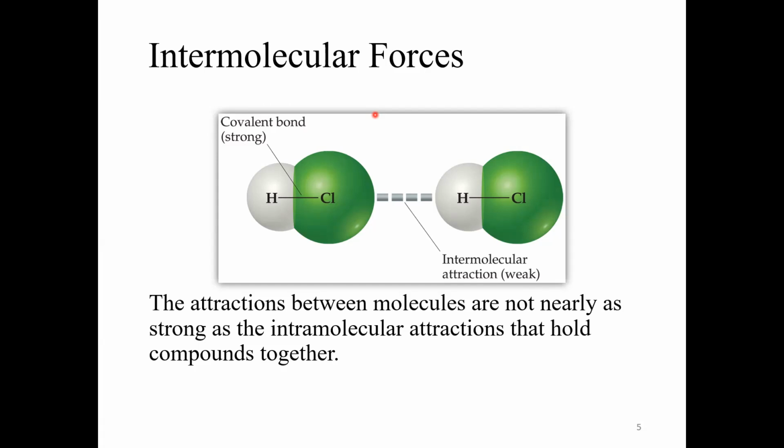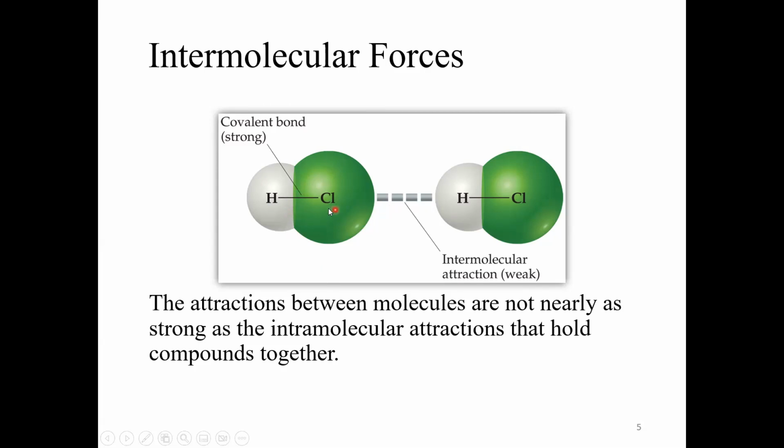But these intermolecular forces are going to be much weaker than the intramolecular. So an intrastate is a road within one state. Intramolecular forces or attractions are going to be the forces within one molecule. Those are going to be much stronger than what we're going to be talking about here. So the forces in between two molecules are going to be much less than the force within one.